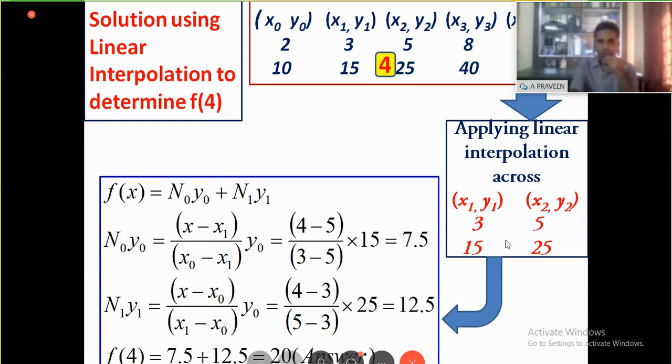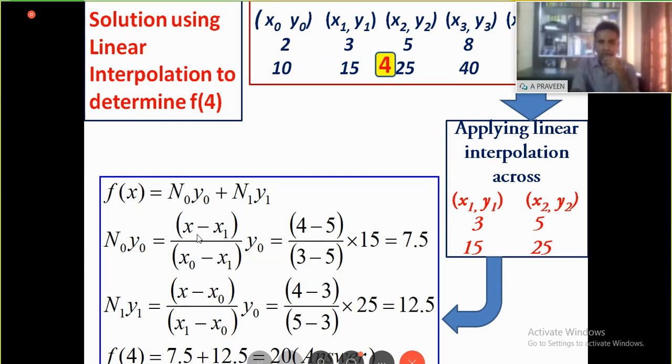If I apply linear interpolation, I can have f equals n0 y0 plus n1 y1. Linear just needs 2 terms. So n0 y0 is x minus x1 divided by x0 minus x1, multiplied by y0.